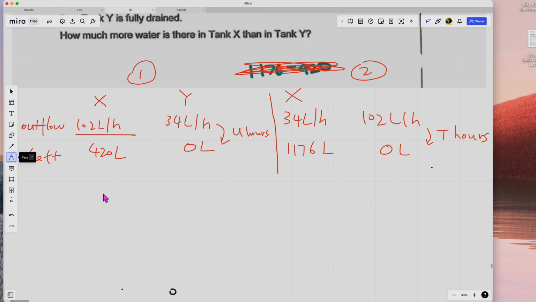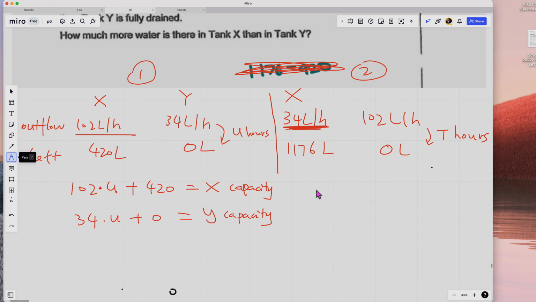So this will give me what? This is 102 after U hours, left with 420. This will give me the X capacity. Capacity means the volume of tank X. For the Y, it is 34 after U hours is 0, so this is the Y capacity. Similarly, you do the same thing for case 2, for the X capacity.